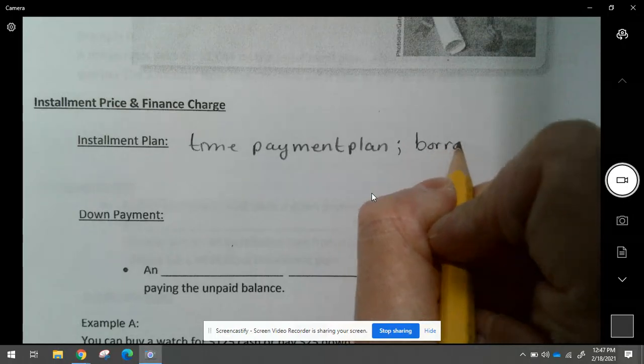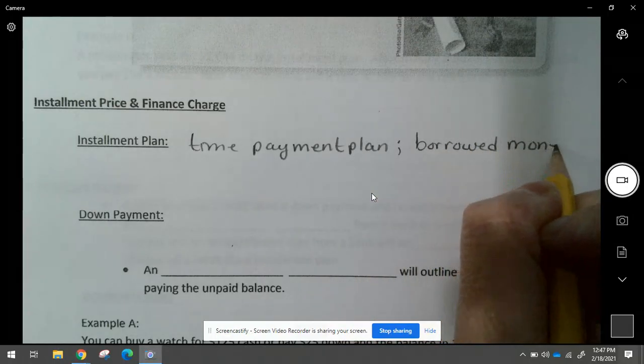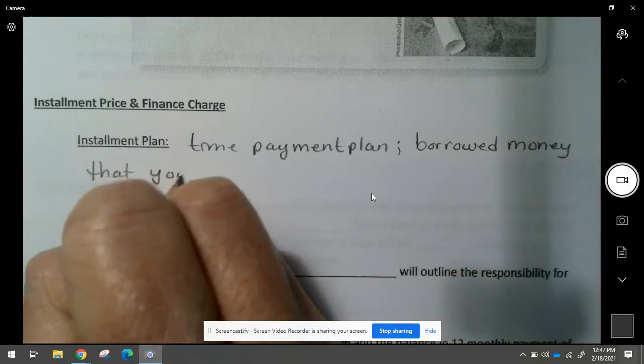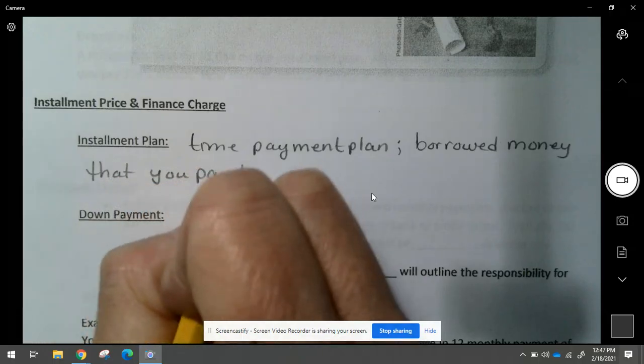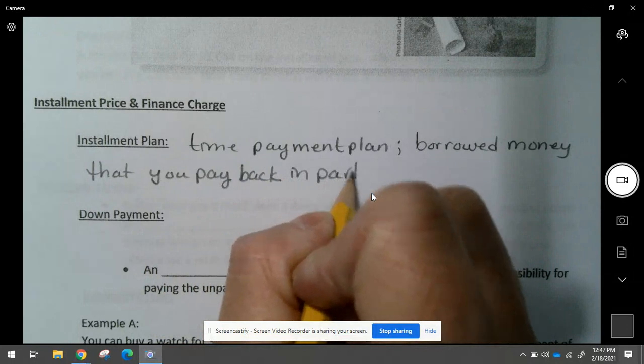Borrowed money that you pay back in parts.